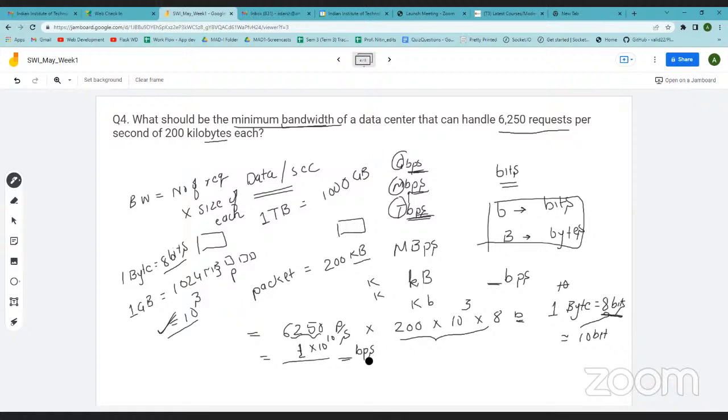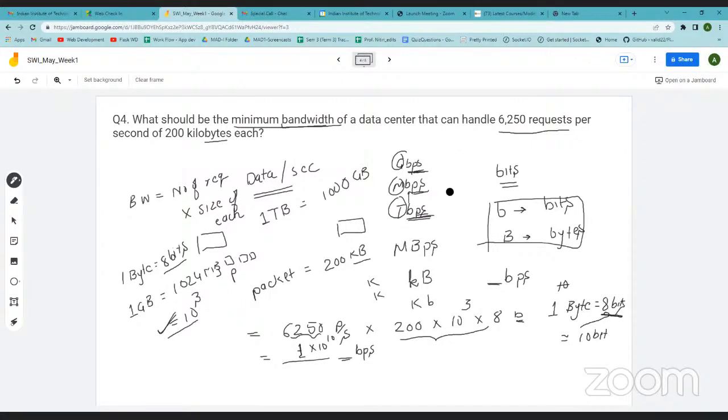But now this is not a standard unit, right? These bits are in the order of 10 raised to power 10. There will be so many bits, not practical to implement or showcase in this form. So we'll convert it into mega, giga or terabits per second.